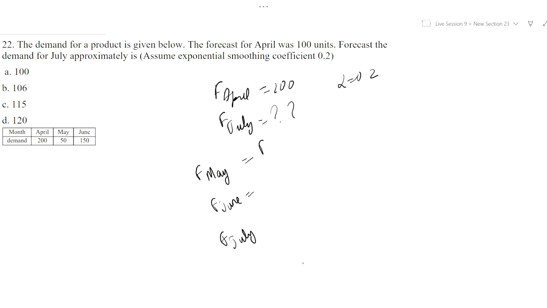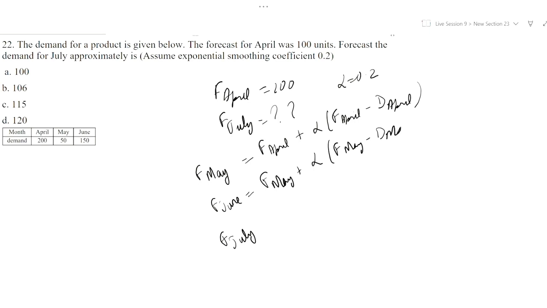Forecast of May is forecast of April plus alpha into forecast of April minus demand of April. Similarly, forecast of June is equal to forecast of May plus alpha into forecast of May minus demand of May.